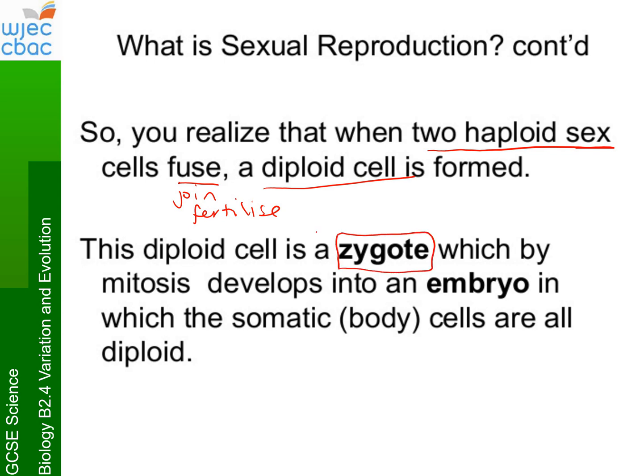You may not have heard that word before, okay? And the zygote is going to divide by mitosis to develop into an embryo, an early form of the baby, in which the somatic, another word for this is body cells, are all going to be diploid. So every single cell in your body will be diploid and have 46 chromosomes apart from the sperm and the egg.